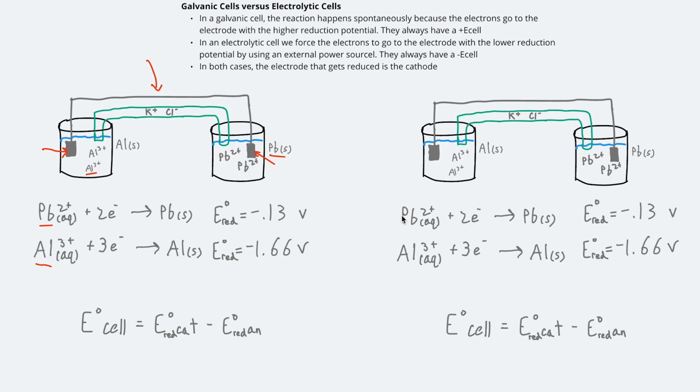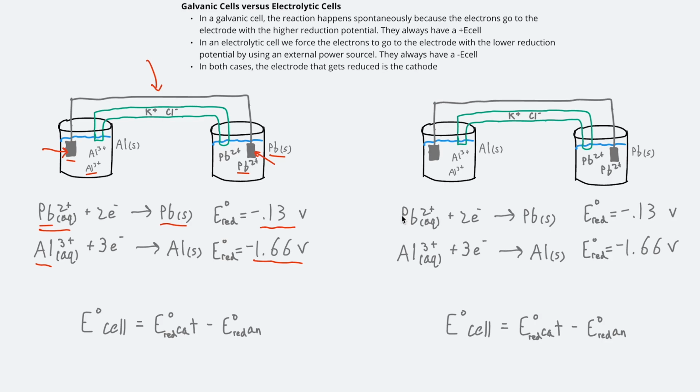Or can the lead ions take electrons from the solid strip of aluminum in the other container? And the way you figure this out is just like the other video, where you compare the reduction potentials. Remember that these values tell us how likely the ion will gain electrons, or how strongly the species on the right side will hold on to the electrons.